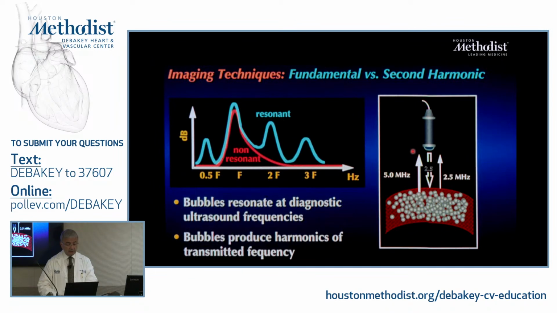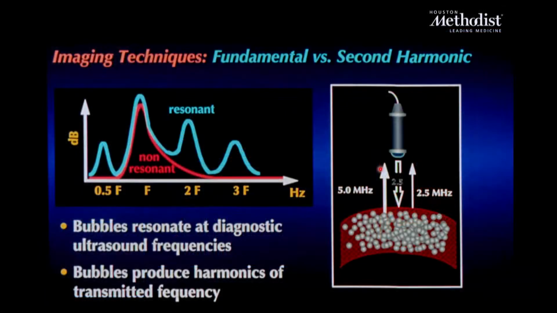That's what you see here, okay? So an example on the right side is I'm sending at 2.5 megahertz. Quite a few of the microbubbles will reflect back at 5 megahertz, and I could image at 5 megahertz if I want to emphasize my microbubbles compared to the muscle itself.